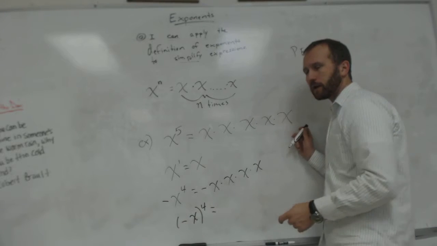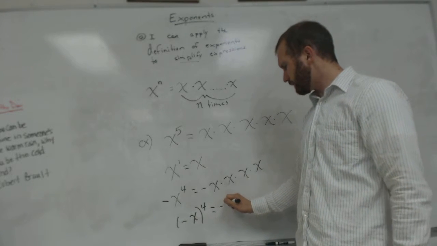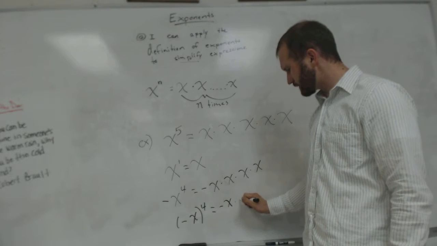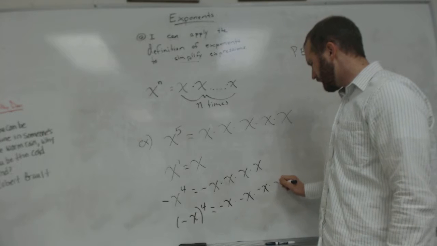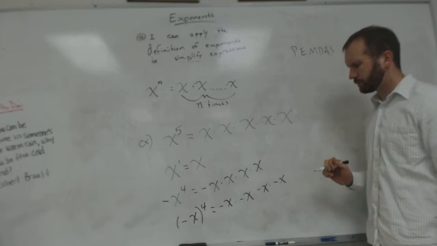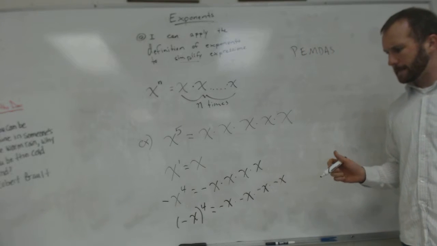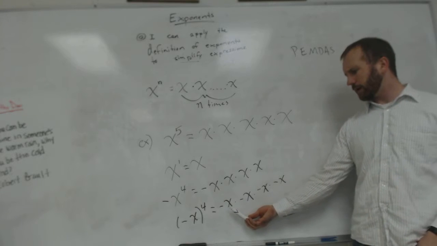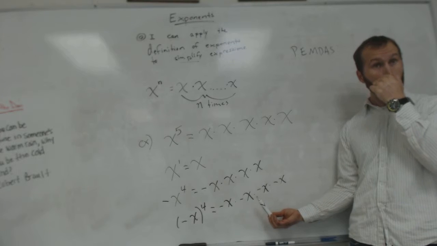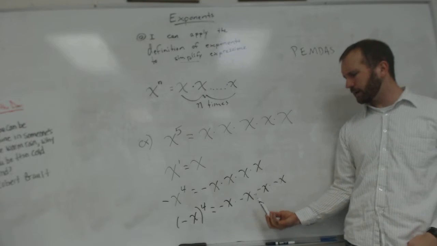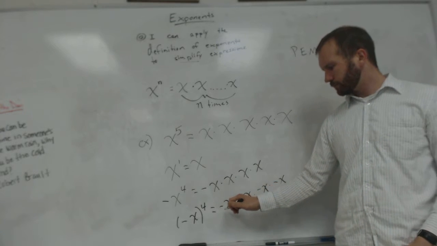gets multiplied 4 times. So I have negative x times negative x times negative x times negative x. What do we get when we multiply a negative times a negative? Oh wait, no, a positive.